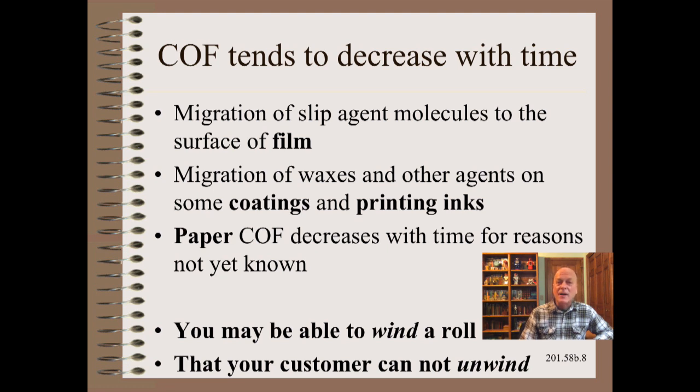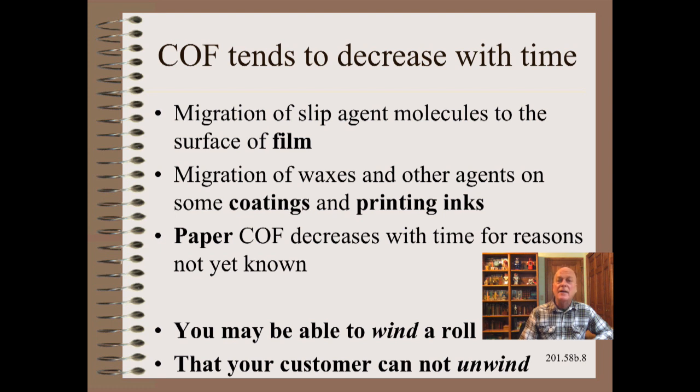If all of this were not complicated enough, we have one more complication. That is, the Web-Web COF tends to decrease with time on many products. That means that while you might be able to wind a product without telescopes, your customer might not be able to unwind that same roll without a telescope, simply because in the intervening weeks the COF dropped measurably and significantly.